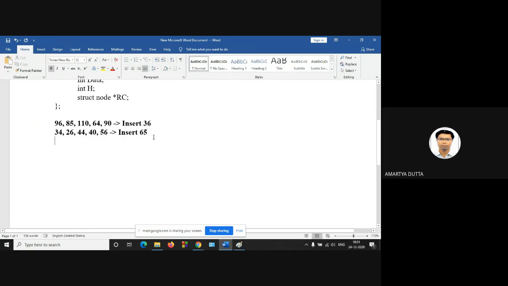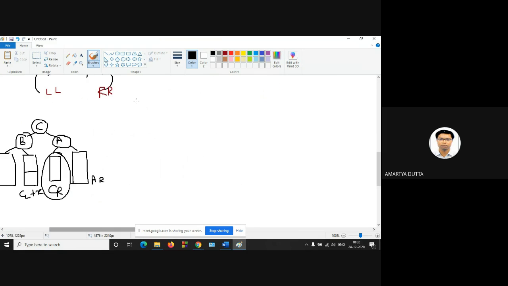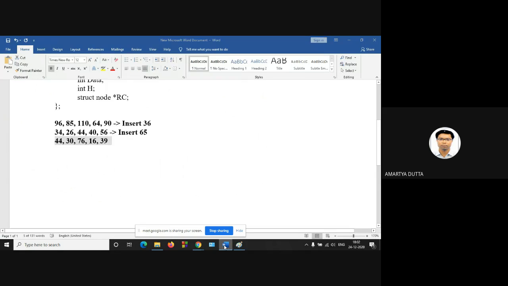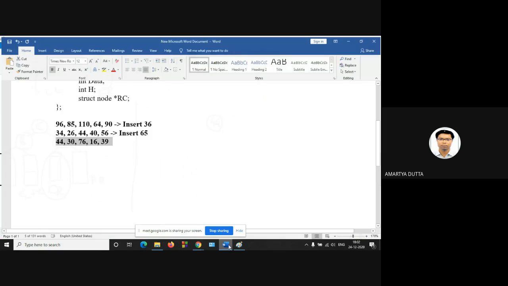Let us have an example. Let 44, 30, 76, 16, 39. You have to construct the tree first. So 44 is the root. Now 30.